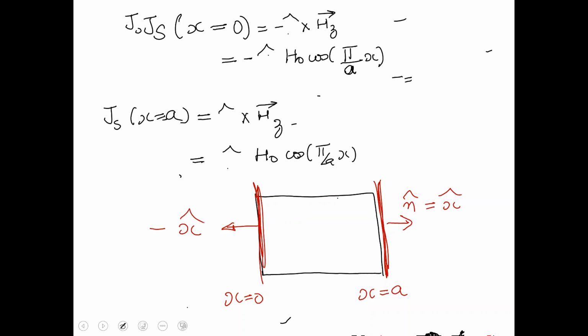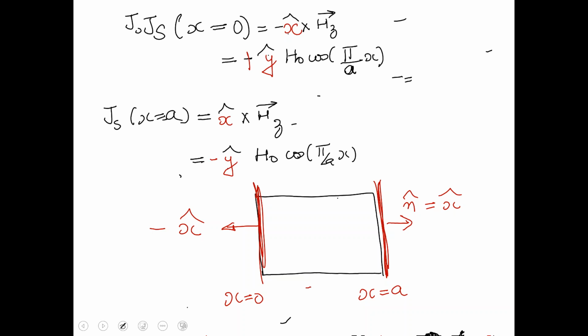So for x is equal to 0 plate, this should be minus x, and it's minus x cross z, which is minus y. So minus of minus becomes plus. So this becomes y. And similarly, this plate would be x. X cross z is minus y. So this becomes minus y.